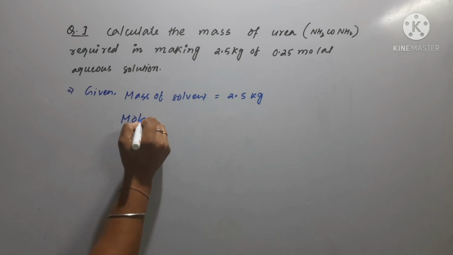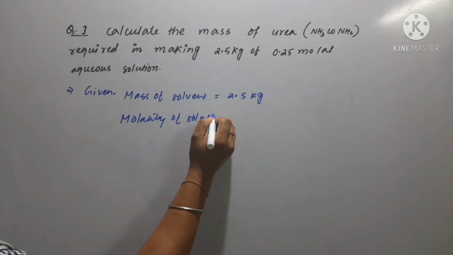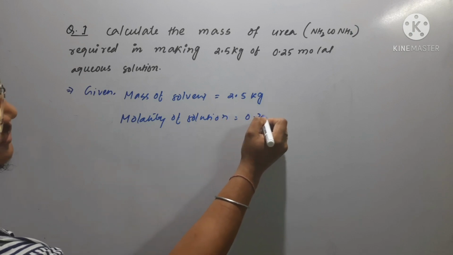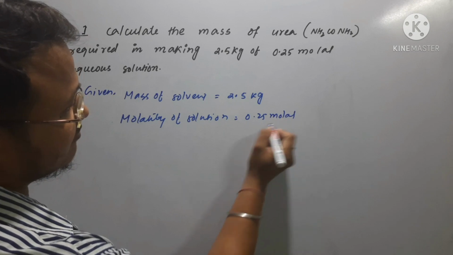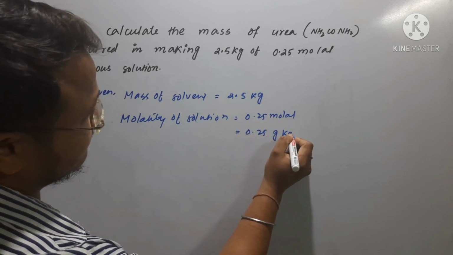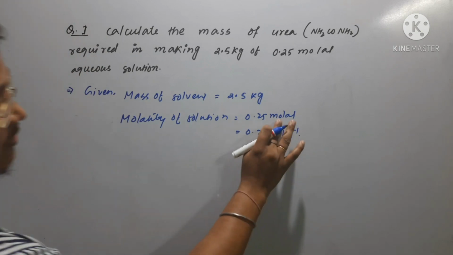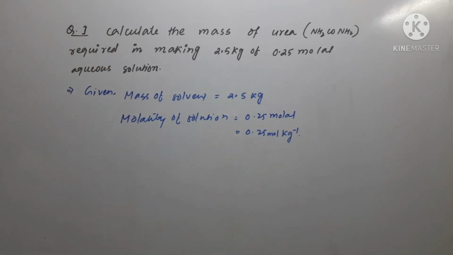Molality, right? So the molality of the solution is given to us, which is 0.25 mol per kg. Molality is moles of solute divided by mass of solvent in kg. So it is 0.25 mole.